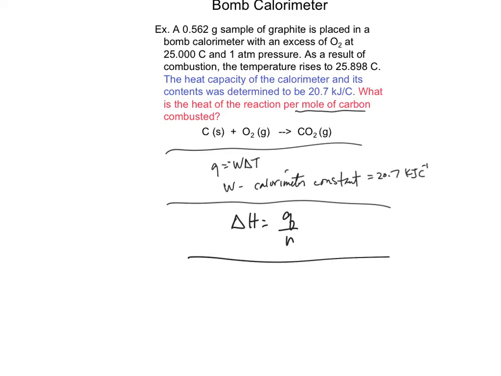Okay, let's put it all together. We have Q, negative because heat's given off. W is 20.7 kilojoules per degree C, and that is multiplied times delta T, the difference in the temperatures, which is 0.898.